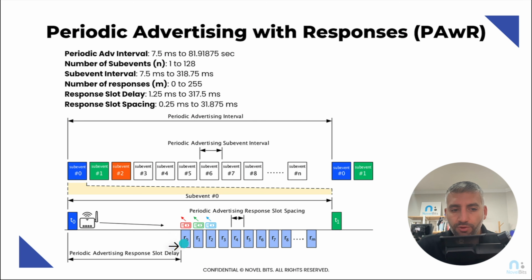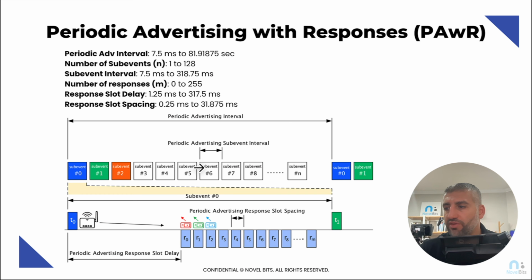But if we group things together, with a group assigned to sub-event number 1, and we need responses from the devices within those groups, then we can assign each device a response slot, which means that in total we can have 128 times 255 devices.